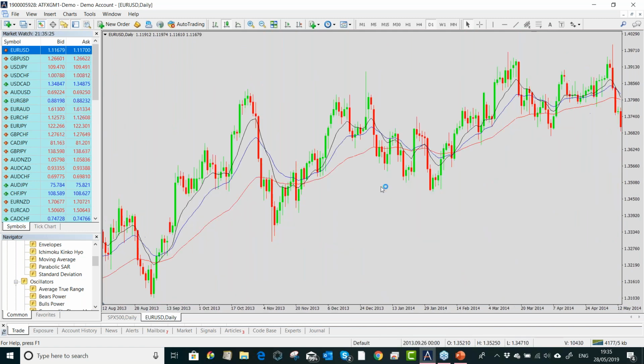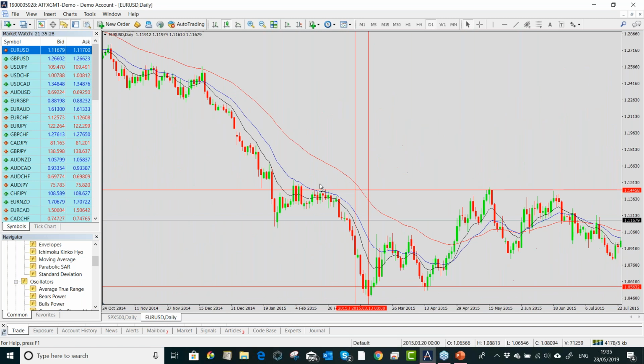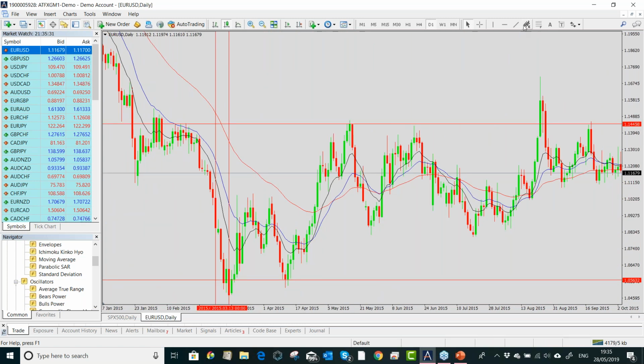The point I'm trying to make really is that within this range, there are actually periods of time where we do see trend. So even though we've got the lows down here and the highs up here, and we've got a range, within that period of time there, which is a month and a half or something, if we were to go down to a lower time frame, we would actually see trend within that.